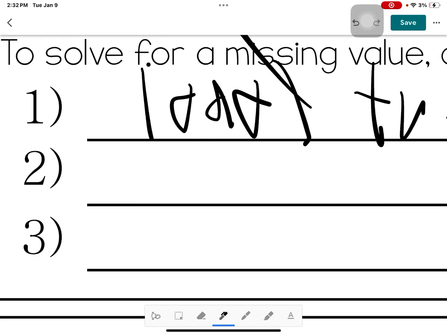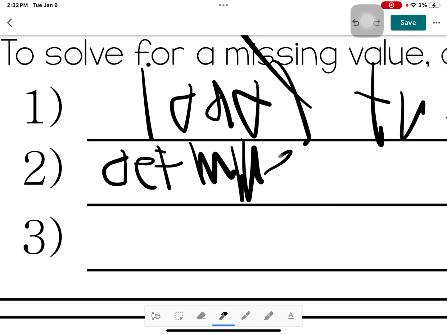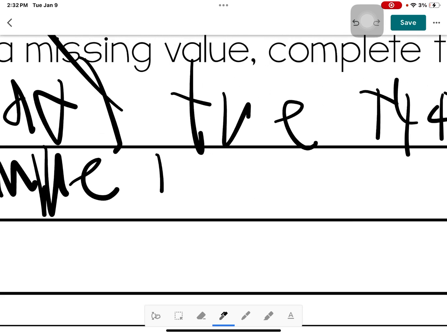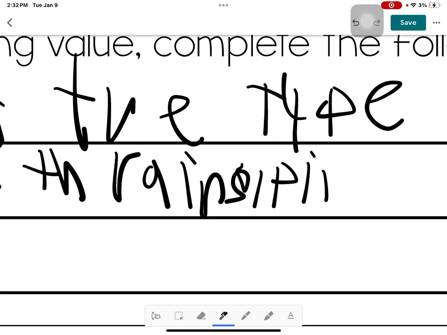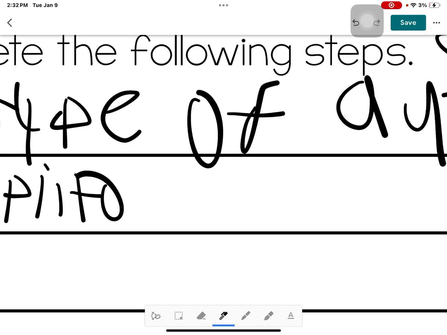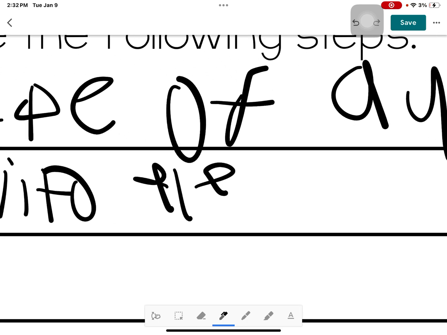Identify the types of angles given, then determine the relationship the two angles have. And then what do you think the last thing is before you actually solve?